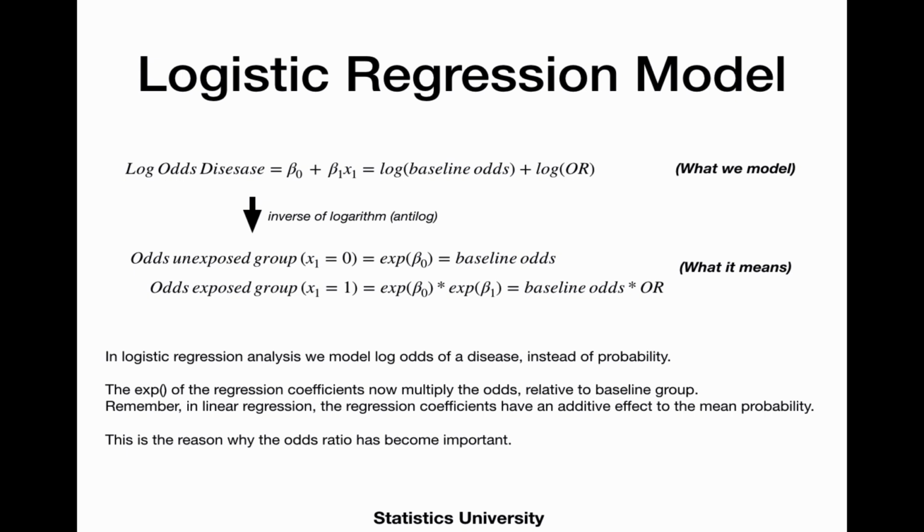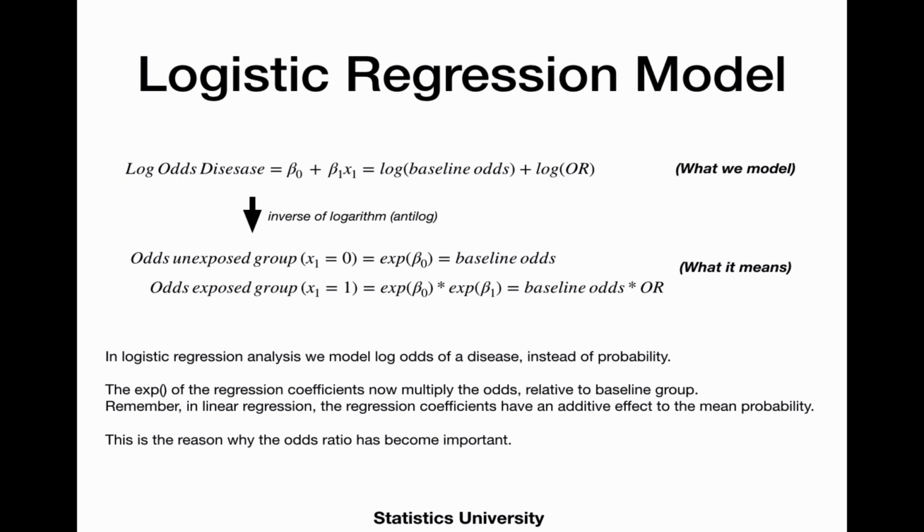So what we actually model is the log odds of the disease, but our statistical software will give us regression coefficients in the form of a linear equation beta 0 plus beta 1 times x1. And in the context of the log odds of the disease, that means the log of the baseline odds plus the log of the odds ratio.